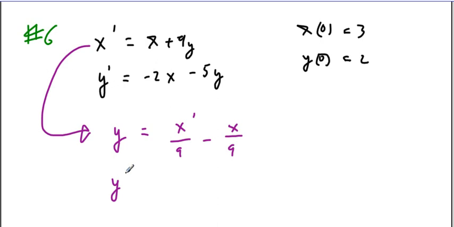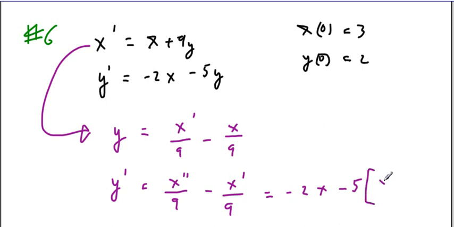I'm going to say that y prime is x double prime over 9 minus x prime over 9, and I'm going to see that that's equal to minus 2x minus 5 times y, which is x prime over 9 minus x over 9.